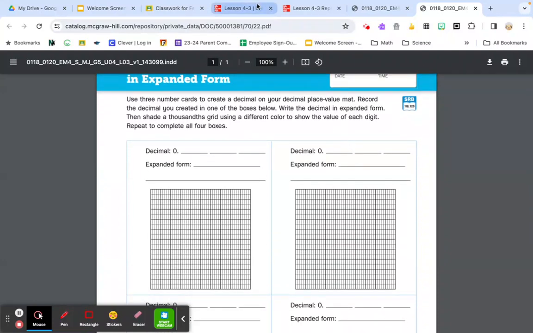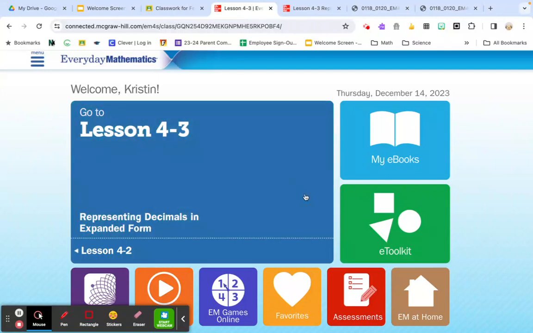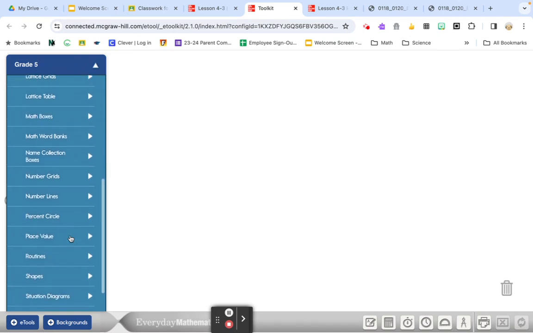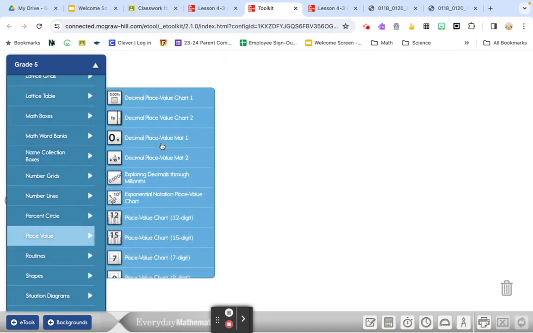You are going to go ahead and log in to your eToolkit through Connected. And you are going to go to, move this out of the way. Not sure why there's 2 going. Backgrounds first, and let's go down to place value. And you want the decimal place value mat 1.